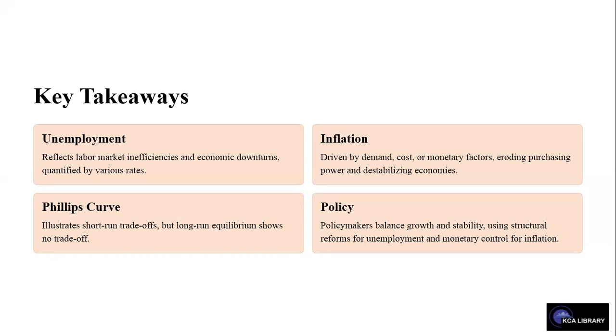Inflation is driven by demand, cost, and monetary factors, eroding purchasing power and destabilizing economies. For the Phillips curve, we've seen that it illustrates short-run trade-offs, but long-run equilibrium shows no trade-off. Policymakers balance growth and stability, using structural reforms for unemployment and monetary control for inflation. Thank you.